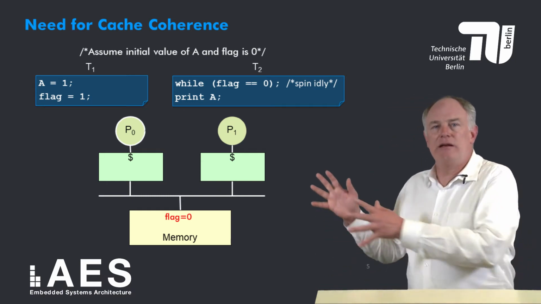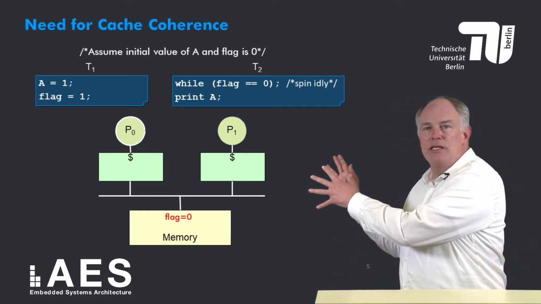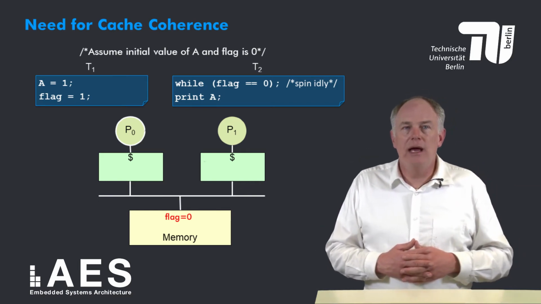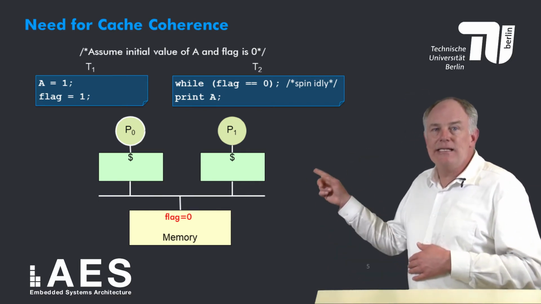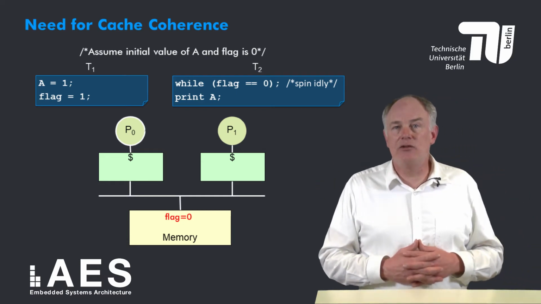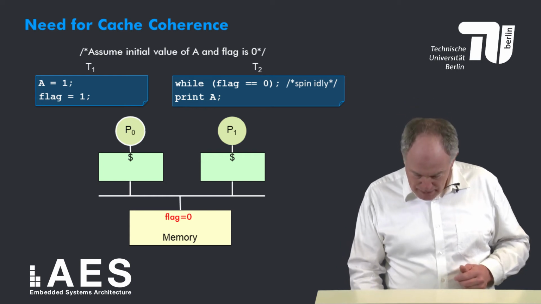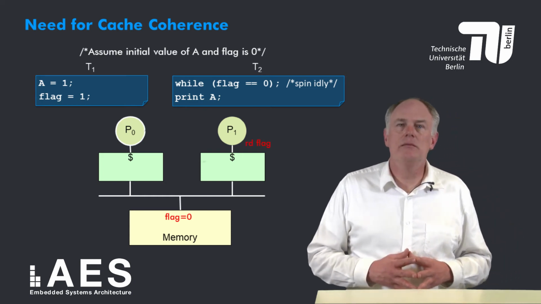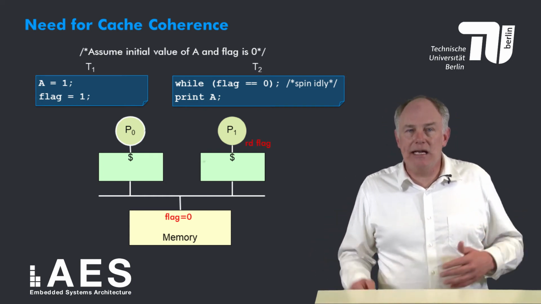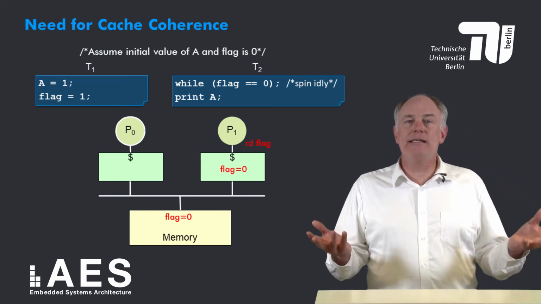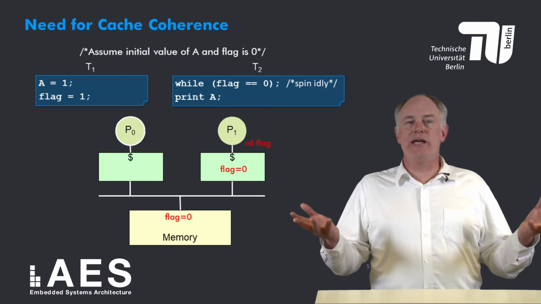Let's assume thread T1 is executed on processor P0 and T2 on P1. Initially, flag is set to 0 in the central shared memory. First, processor P1 reads flag. Because it's not in its cache, it will fetch the flag from memory, test it, and observe that it is 0.